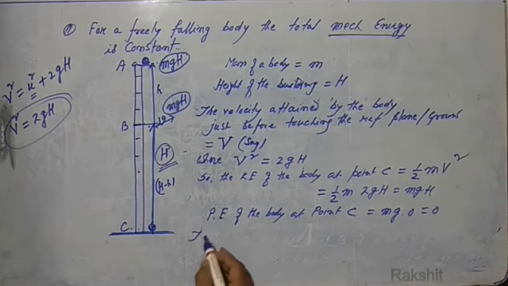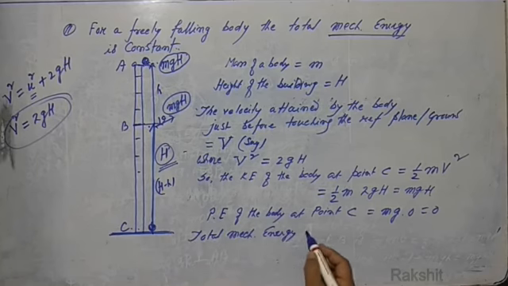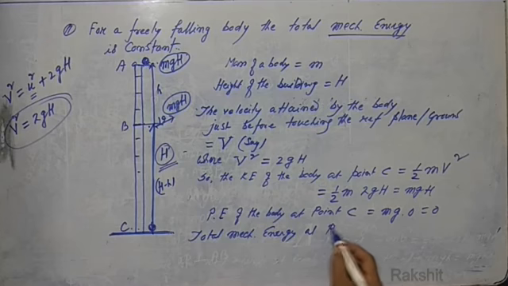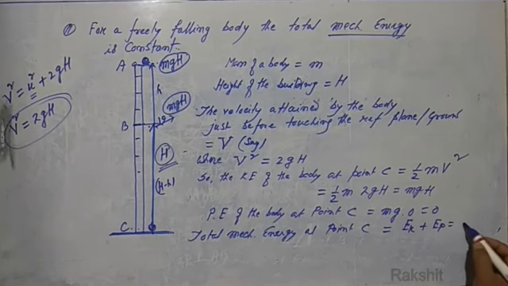So the total mechanical energy at point C is equal to Ek plus Ep, which is equal to mgH plus 0. That is equal to mgH.